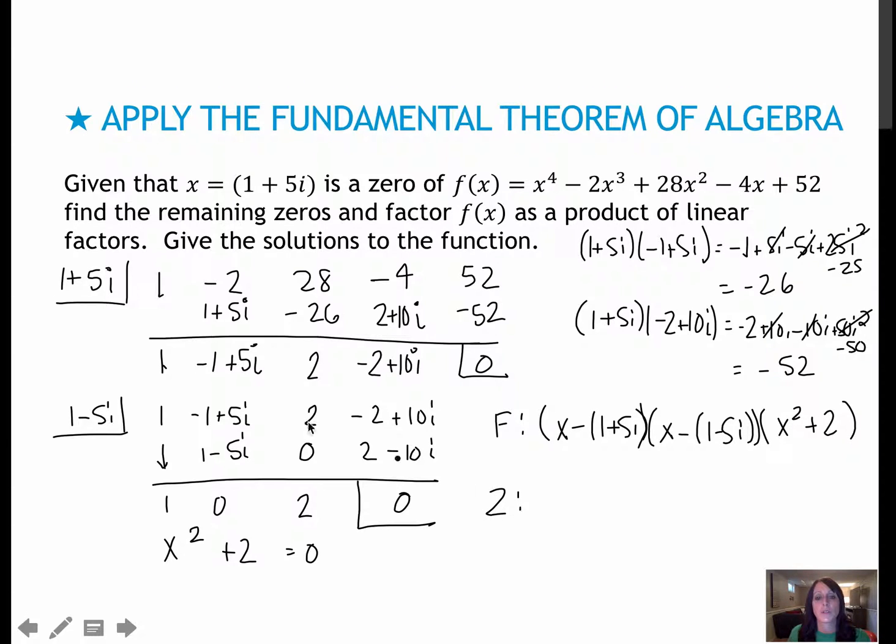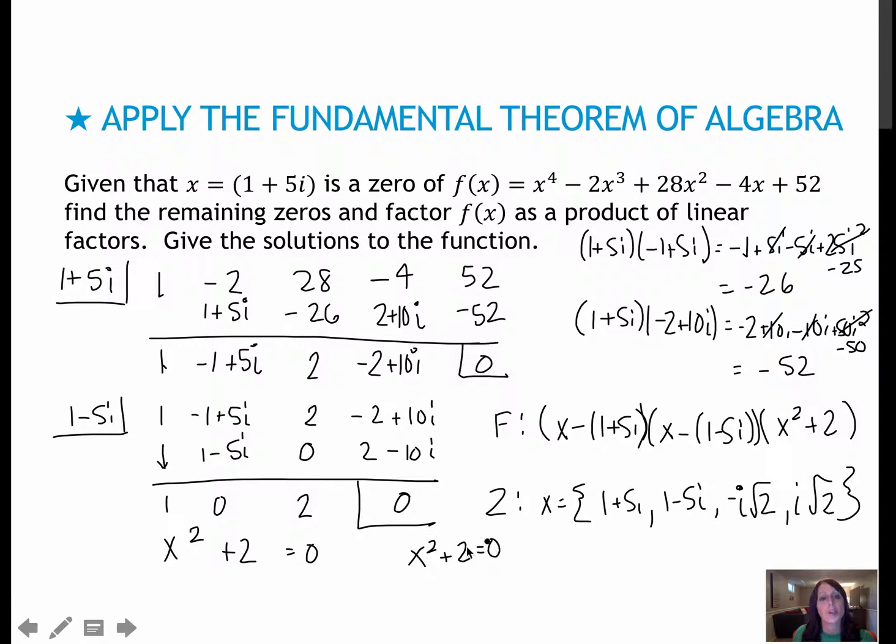The zeros would be those two answers, 1 plus 5i, 1 minus 5i, and then of course what I get when I set this equal to 0, which will end up being negative i radical 2 and positive i radical 2, because again, if I had x squared plus 2 equals 0, I would subtract the 2, and I would take the square root, and that would be plus or minus i radical 2.